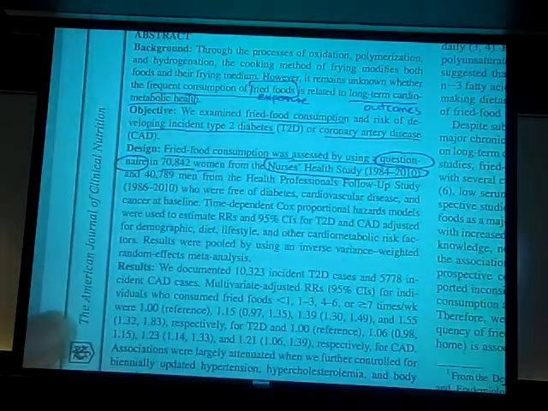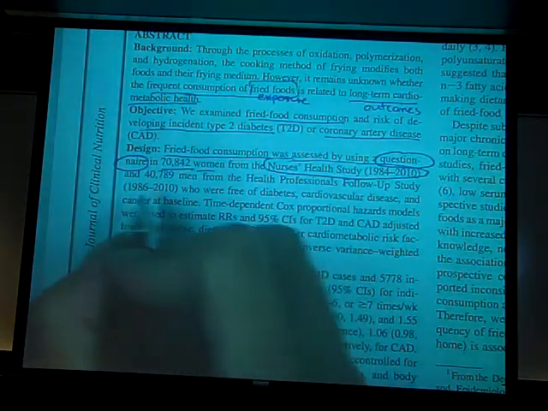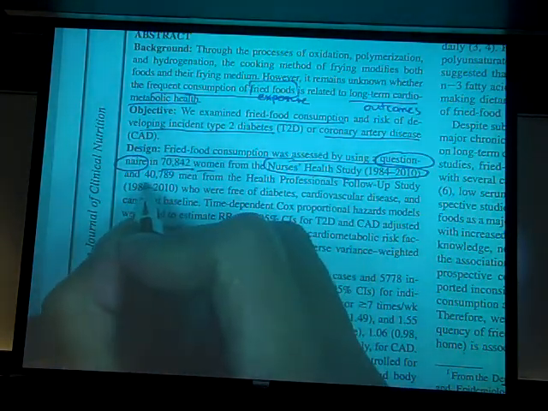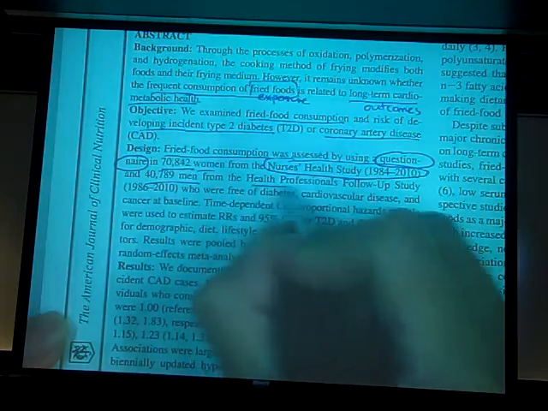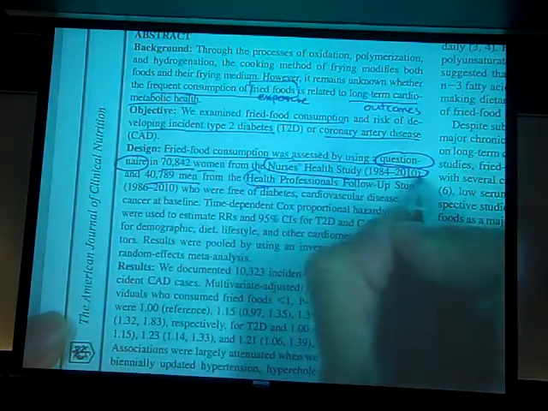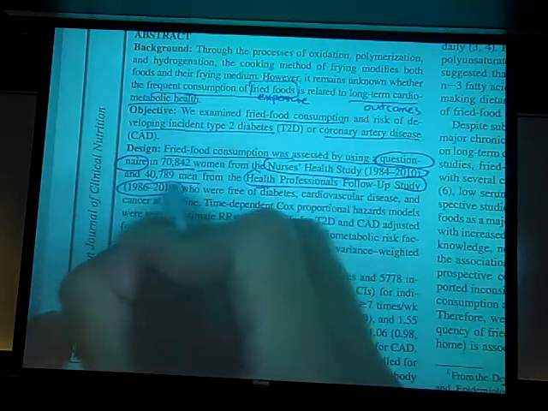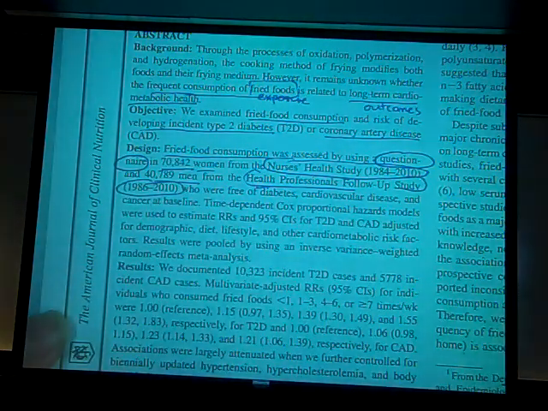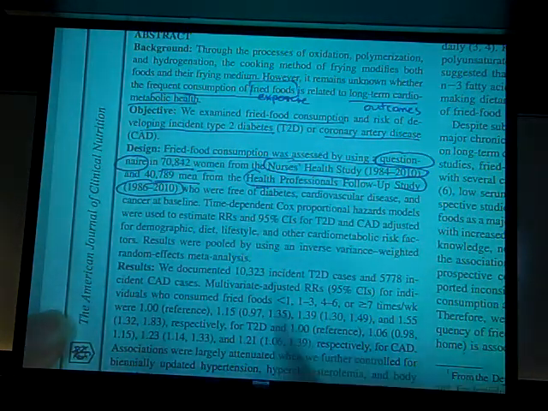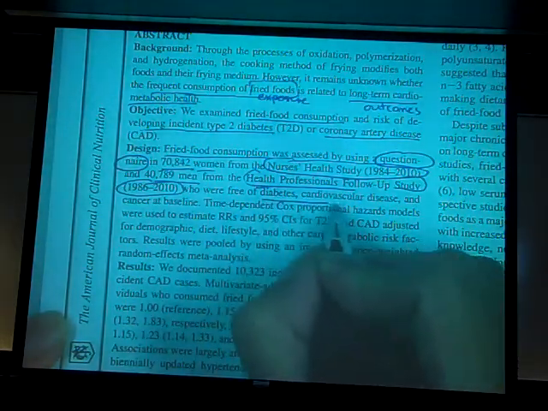In addition to those 70,000 women, I know that there are a little under 41,000 men from the Health Professionals Follow-Up Study. And you can see the time frame in which the study took place. I know that those who participated were free of the outcome at the start of the study.